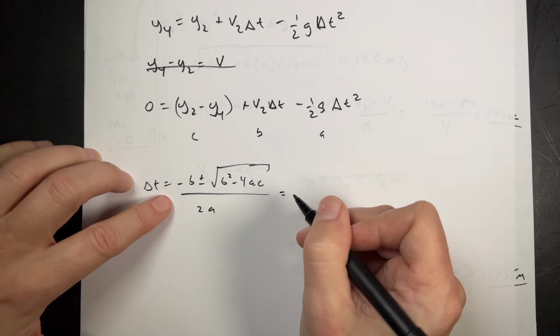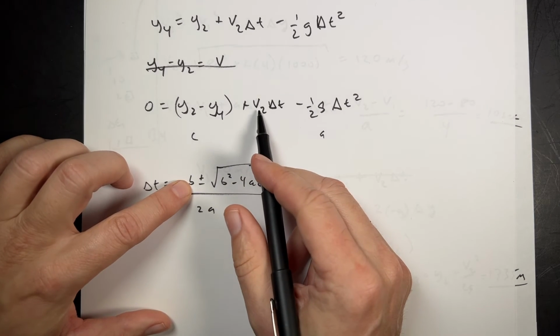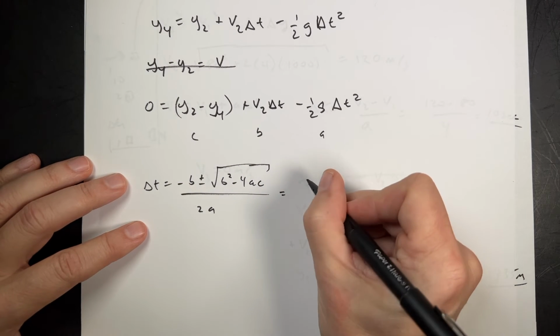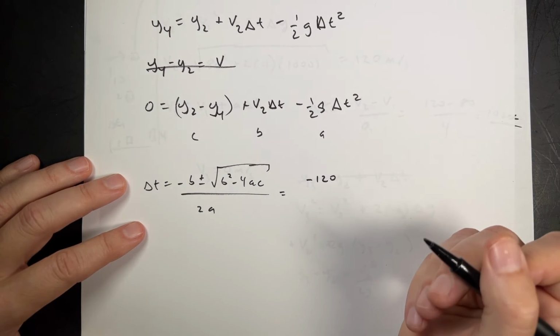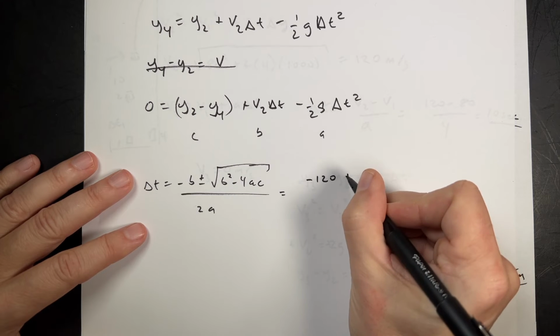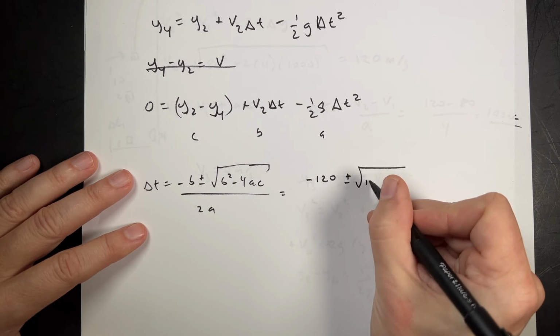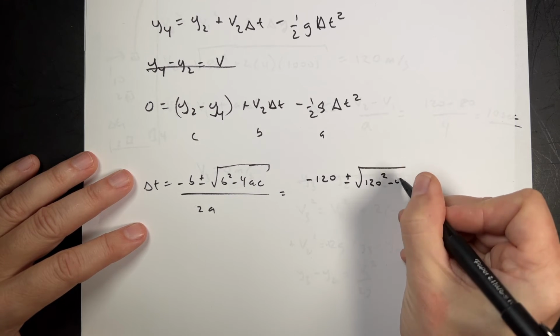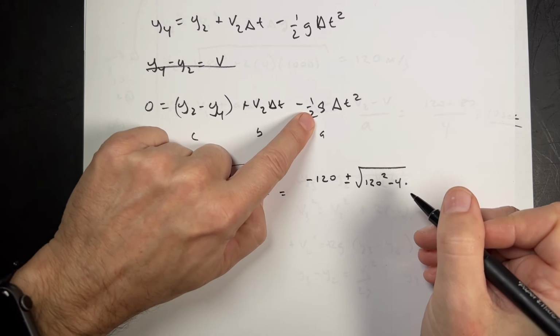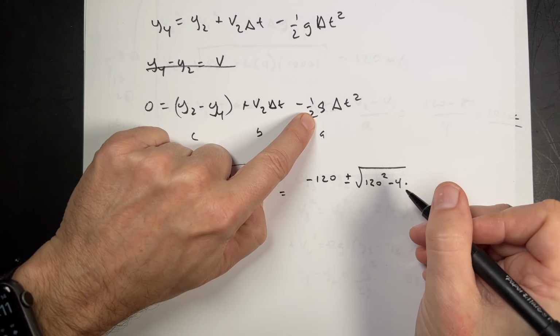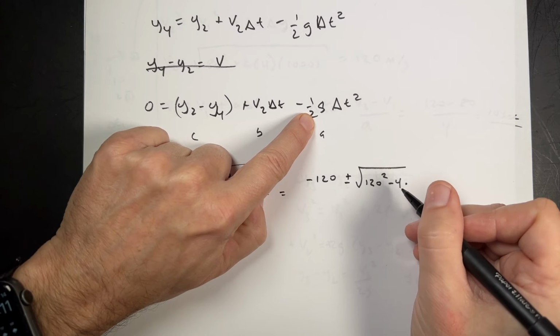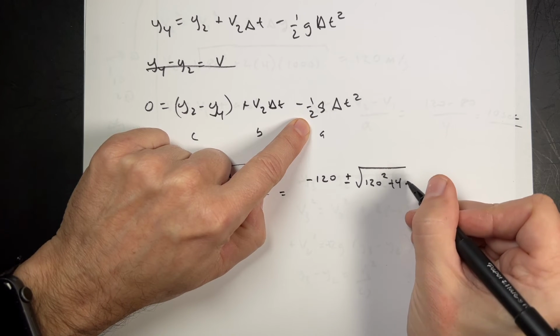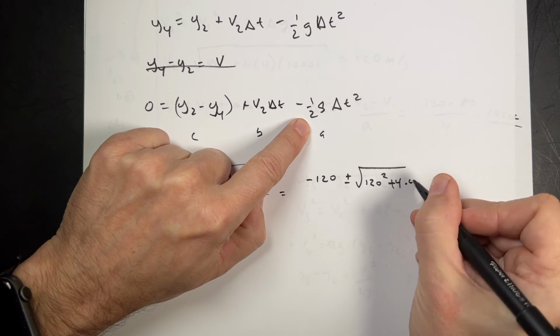And let's just write it out. So b is this number right here, which is 120. It's going to be negative 120, and I'm sorry about the thunder, plus or minus the square root of 120 squared minus 4 times a, which is going to be negative 1/2 g, right? Because a is negative 1/2 g, so that's going to be plus, and then this is times 4.9.